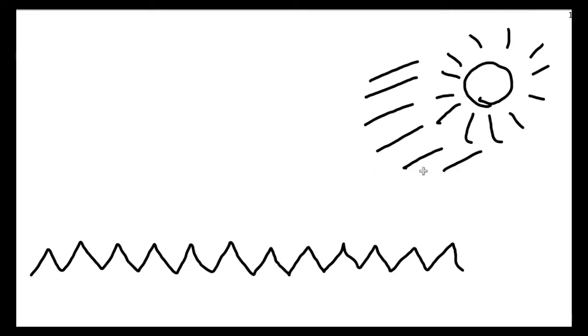Well, this side of the surface gets light and this side remains dark, right? So we start seeing one side of these little things over here much darker.